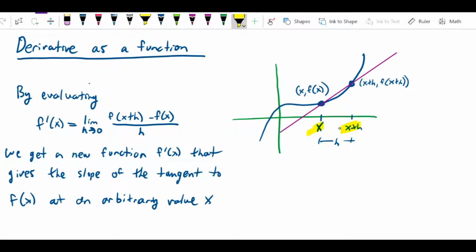What we have is just like before. We start with, except instead of a's, we have x now. So we start with the point x comma f of x right here. And if we move h units away from that, we end up with x plus h, f of x plus h. By simply evaluating this limit here, we can get a new function f prime of x that will give the slope of the tangent to f of x at an arbitrary value x.